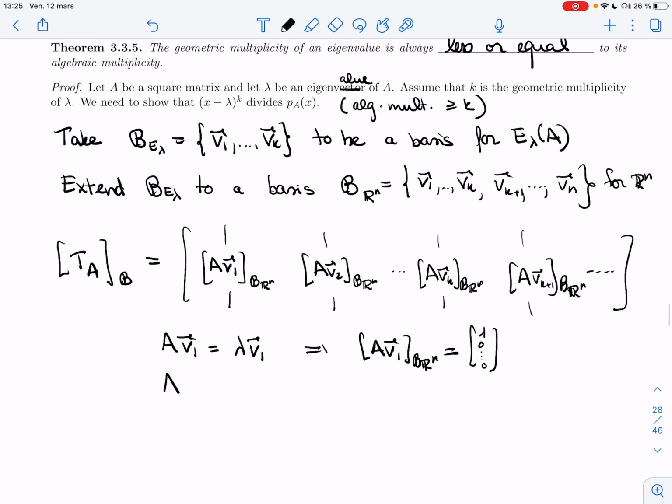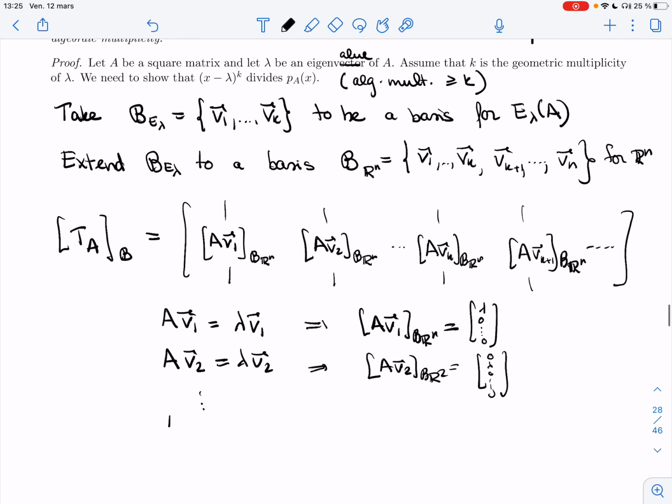Av2 is going to be lambda v2, and that's going to give you 0, lambda, 0, 0. And so on up to Avk. The other ones, I have no idea what's going to happen, and I don't really need to know.